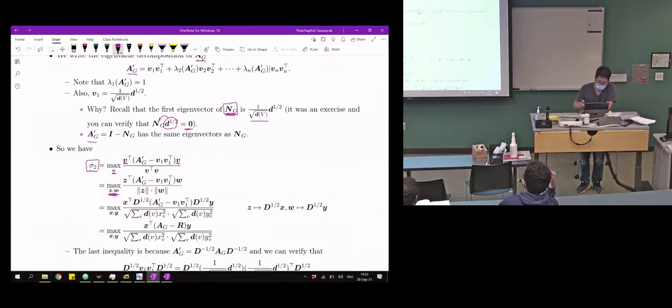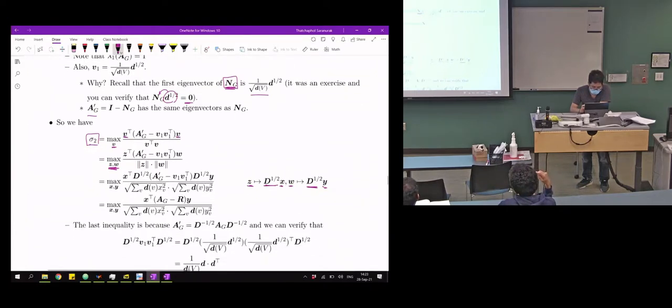We now maximize over both Z and W, and we map things so that it becomes what we want: map Z to be D to the 1/2 times X, and W to be D to the 1/2 times Y.